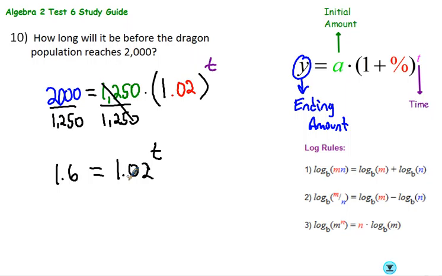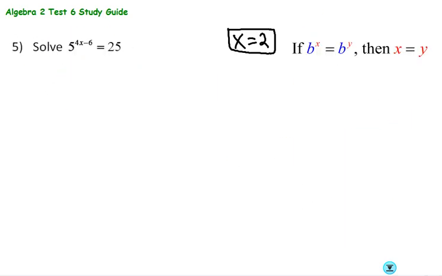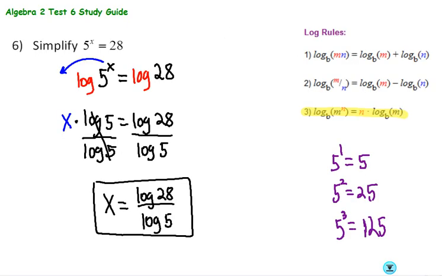Now we did do a shortcut. If you think back to number 6, we said that if you needed to use the calculator, you had to rewrite it first into a way that you can get it into the calculator. I didn't mention this way back then, but there's a shortcut here, which is that it ends up being log of the number divided by log of the base.